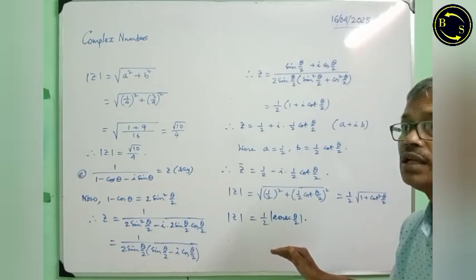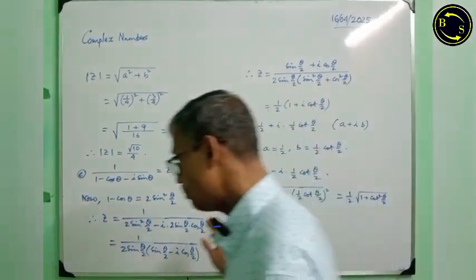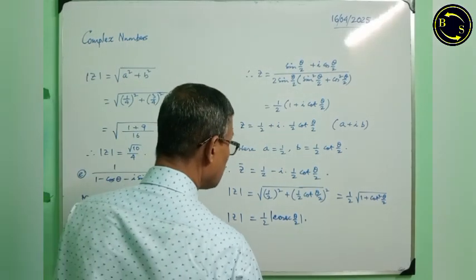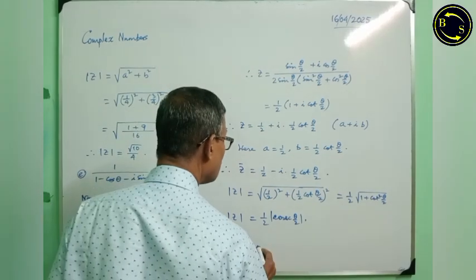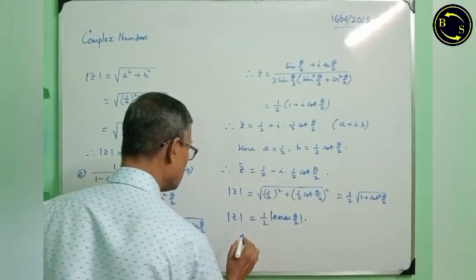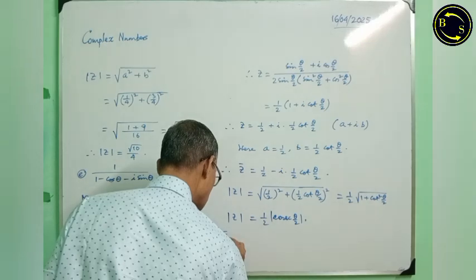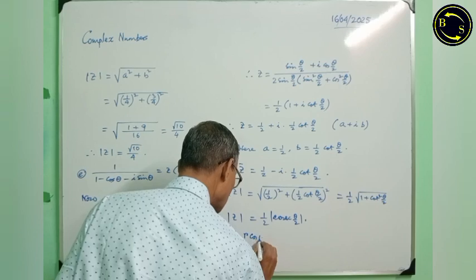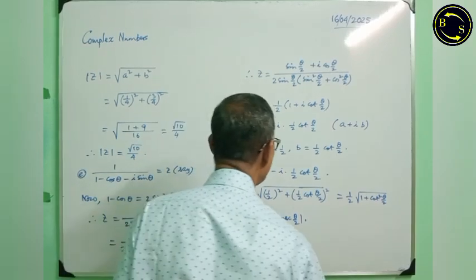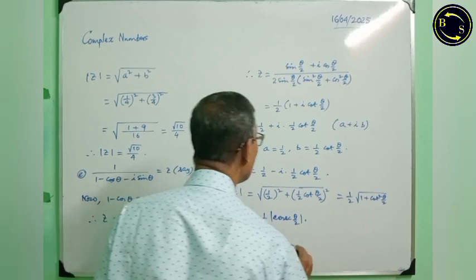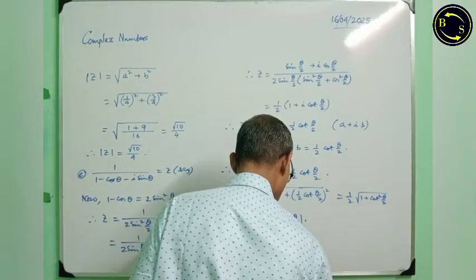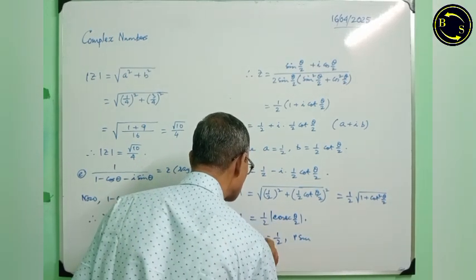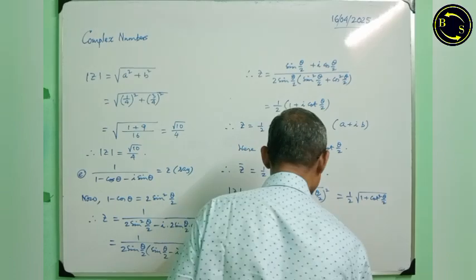Now to get the amplitude or argument, we write that, since theta is used, therefore I take phi as amplitude.